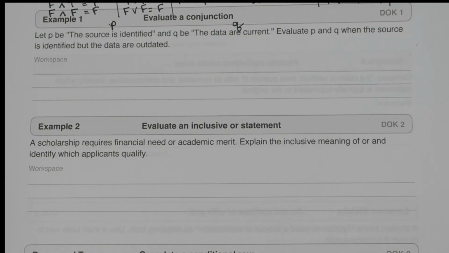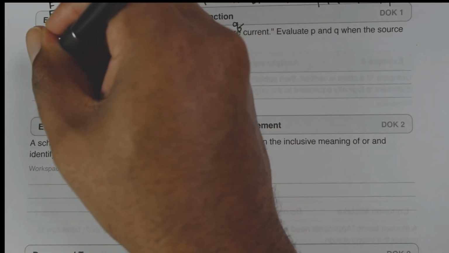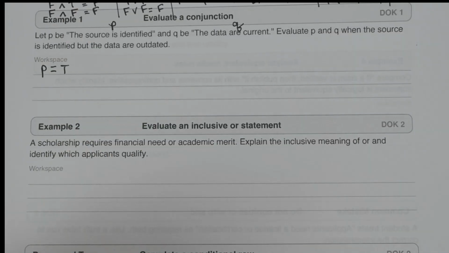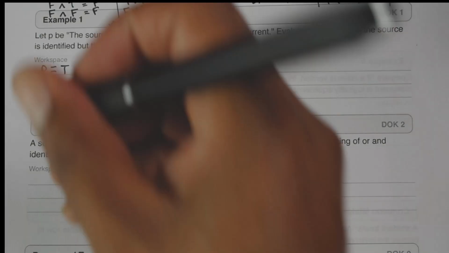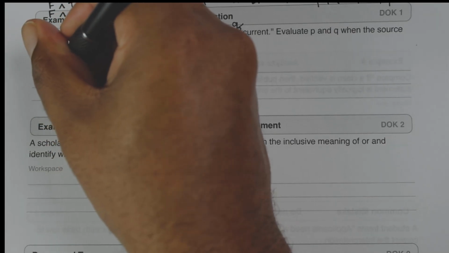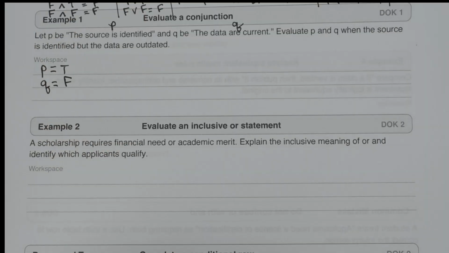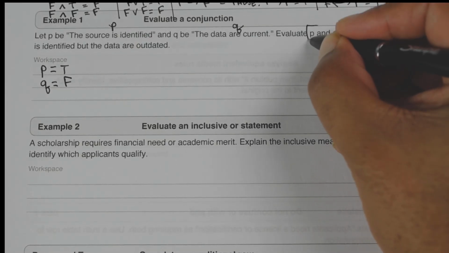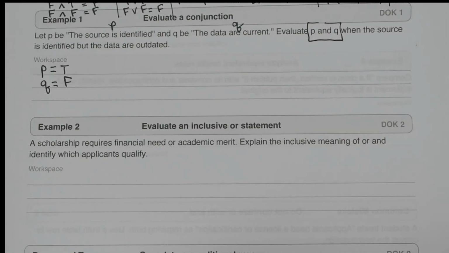Okay. So here we are. We're told that the source is identified. Therefore, P is true, right? The source is identified. But we are also told that the data is outdated. So if the data is outdated, then that would make Q false. And then it says we need to evaluate P and Q, right?